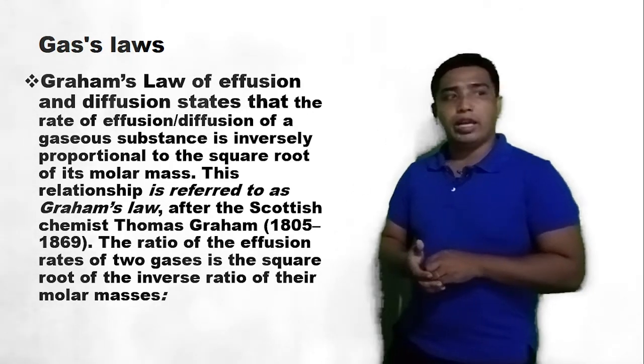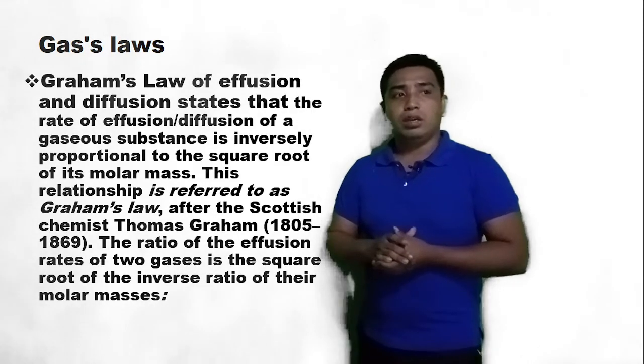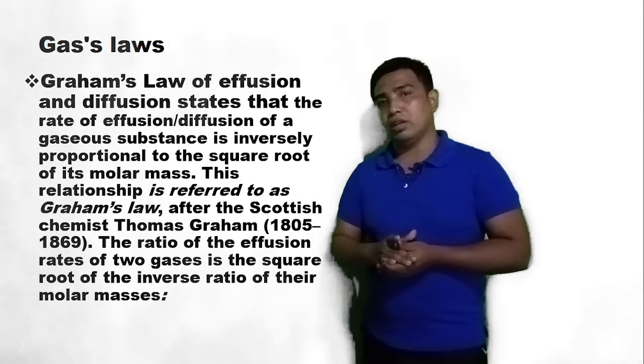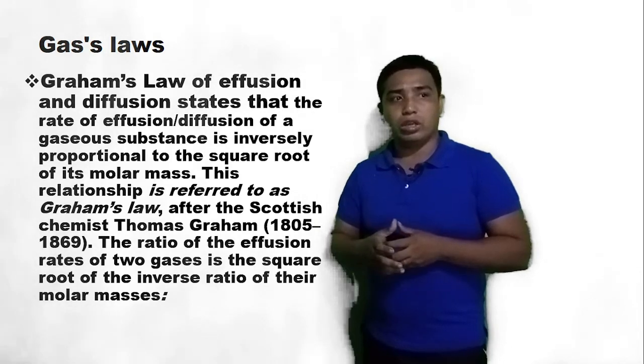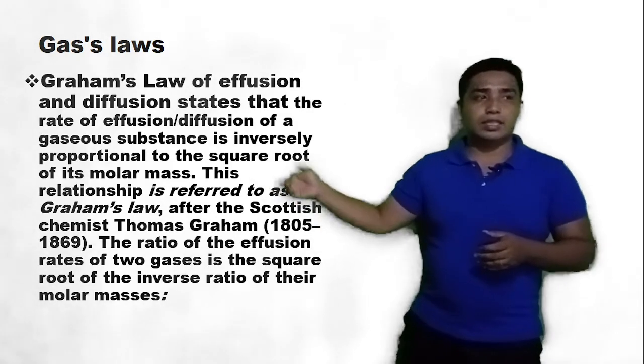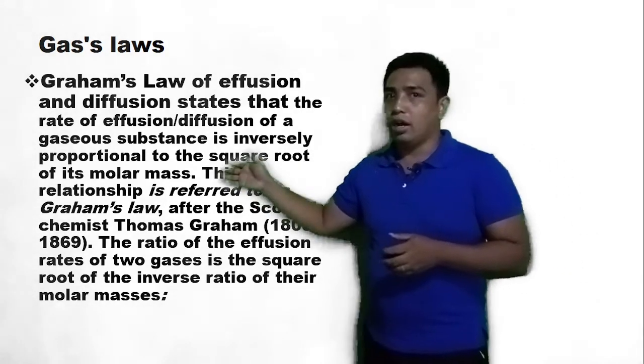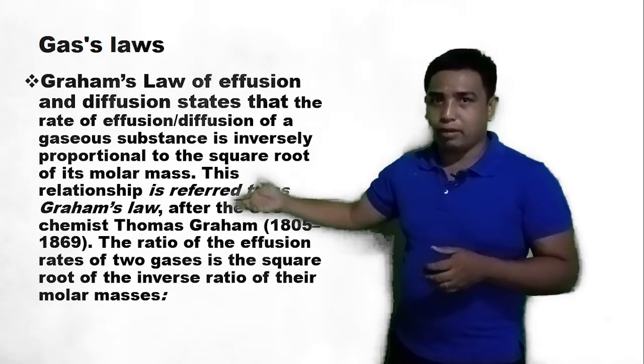This was formulated by Thomas Graham, a Scottish chemist, who I think did this work in the time frame of 1805 to 1869. You can read about it in some other resources.